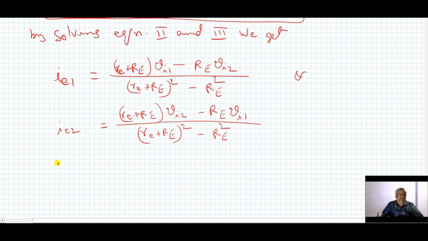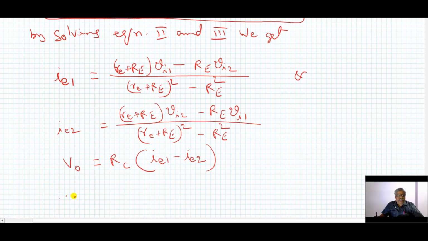Now, to find out the output voltage, what is the expression we have? V0 is equal to RC into IE1 minus IE2. We got the expressions for IE1 and IE2, so now we have to subtract IE2 from IE1.